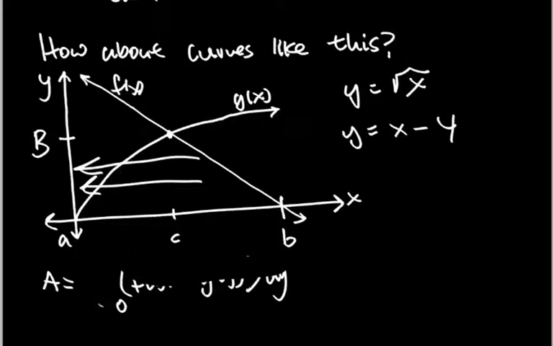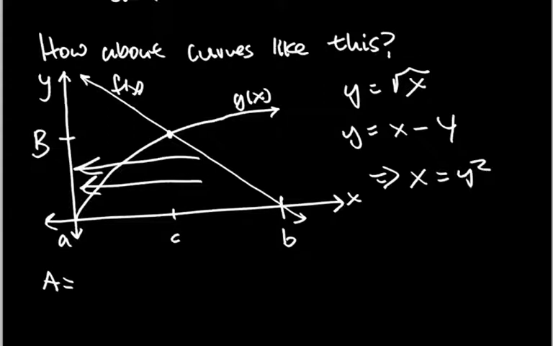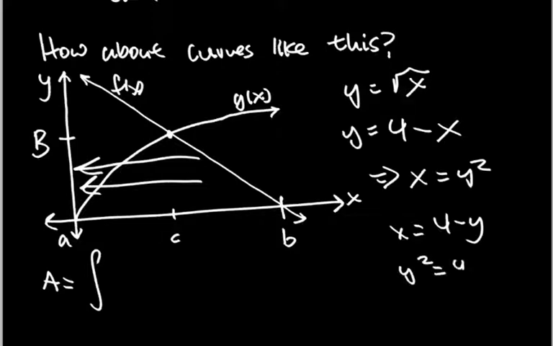So if we were to actually do this out as a dy thing, then we can isolate for x, and we get x equals y squared, and x equals, wait, that should be 4 minus x, sorry. 4 minus y. Where do they intersect? y squared equals 4 minus y, so y squared plus y minus 4 equals 0.